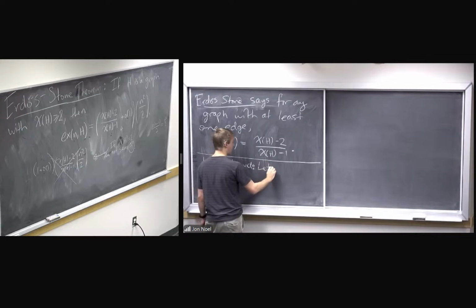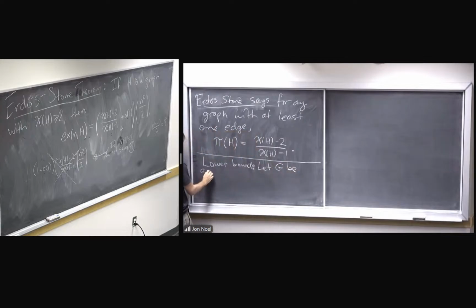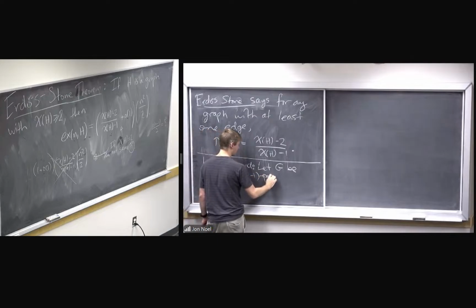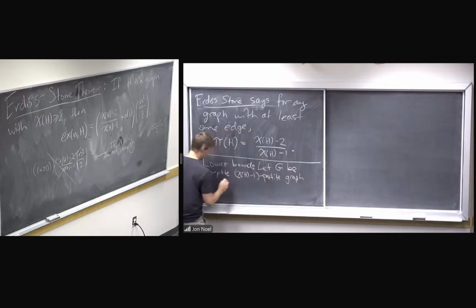let G be a complete chi of H minus 1 partite graph with parts of basically equal size, except for divisibility.